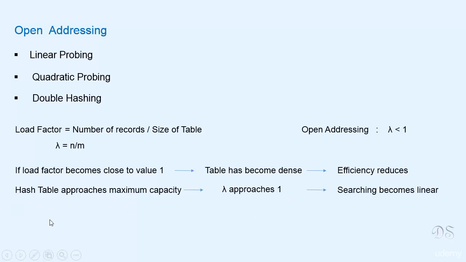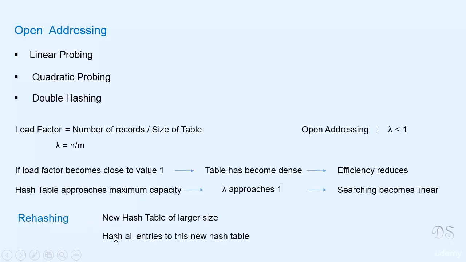The only solution to this problem is rehashing. In rehashing, we take a new hash table of larger size and hash all the entries to this new hash table. So leaving some locations empty in the hash table improves search time but results in a wastage of space. Therefore, we can say that it is a space versus time trade-off.